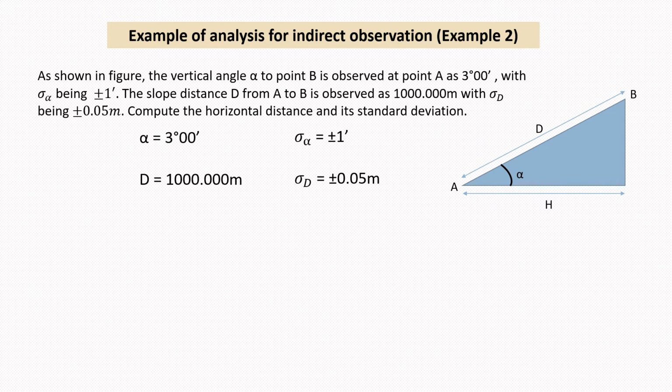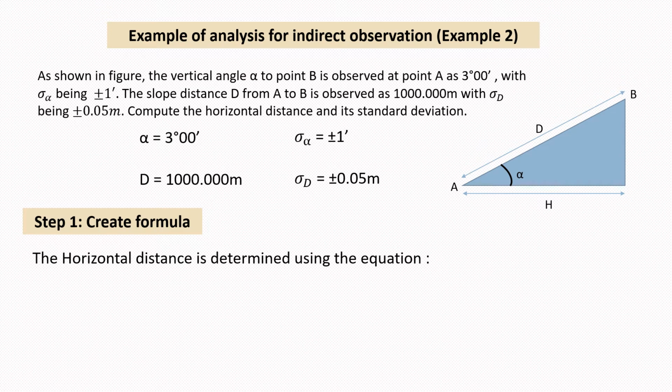Now, list out the given data: vertical angle 3 degrees with standard error equal to plus minus 1 minute, slope distance D with its standard error equal to plus minus 0.05 meter. Step 1. Create the formula to find the horizontal distance h.